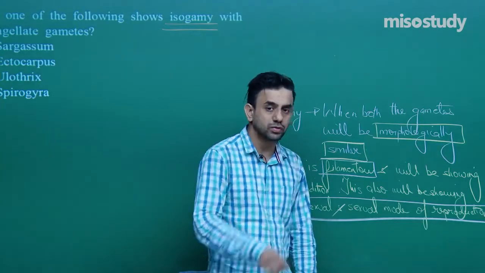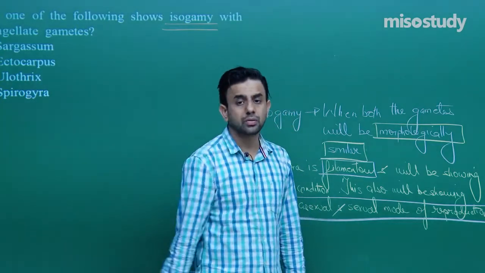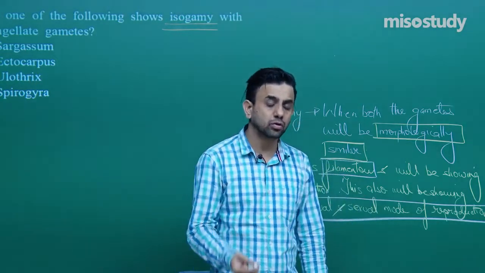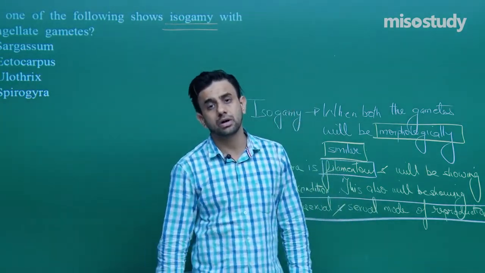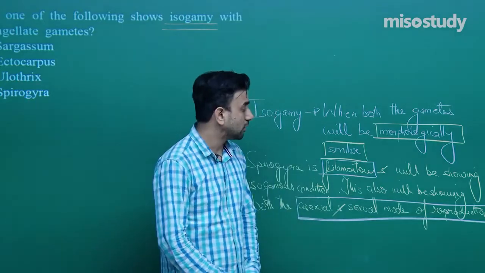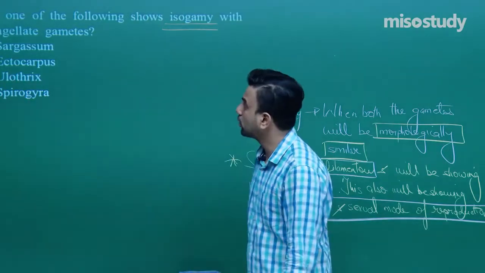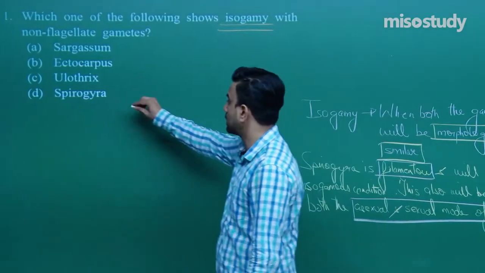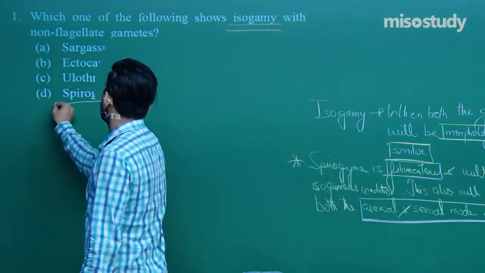When we talk of the sexual, we can say conjugation, where one of them forms the conjugation tube and acts as the male, and the other acts as the female. So for isogamy with non-flagellate gametes, the answer would be Spirogyra.